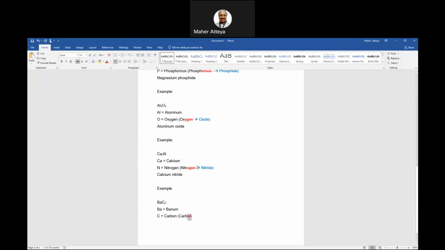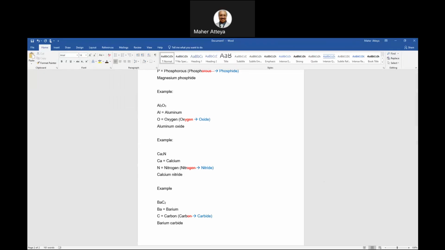Then we copy this one here. This one will be carbide. So the name of this will be barium carbide. Please make a note: the non-metal will start with a small letter, not a capital letter.